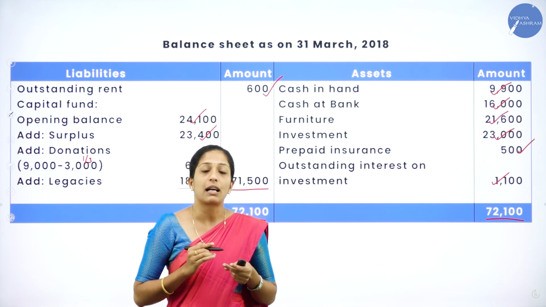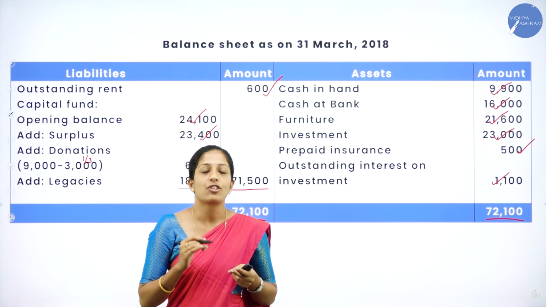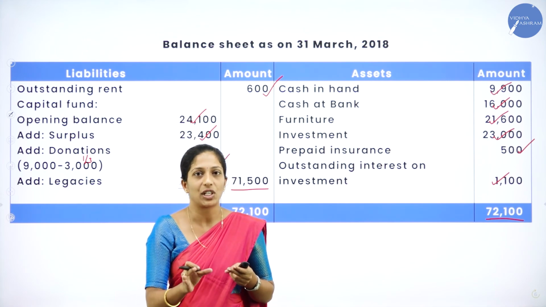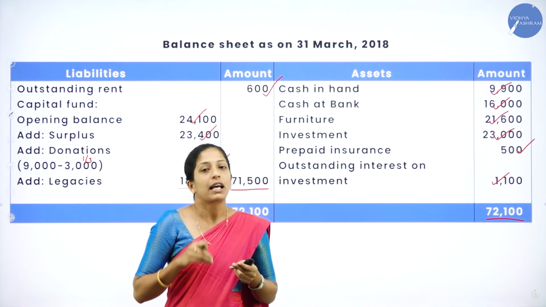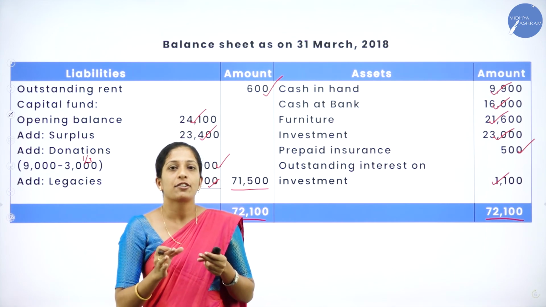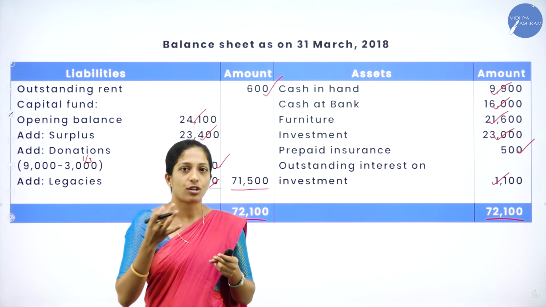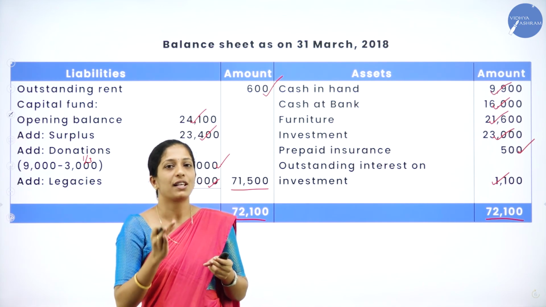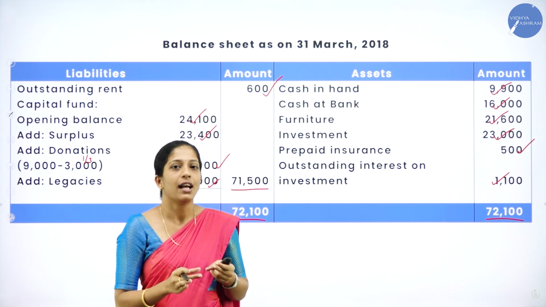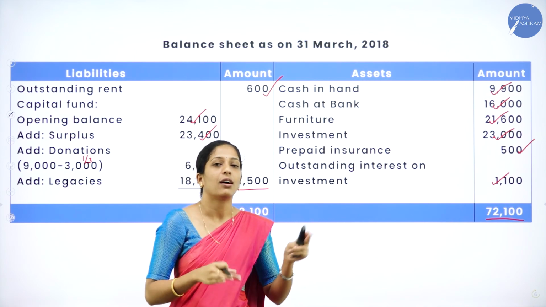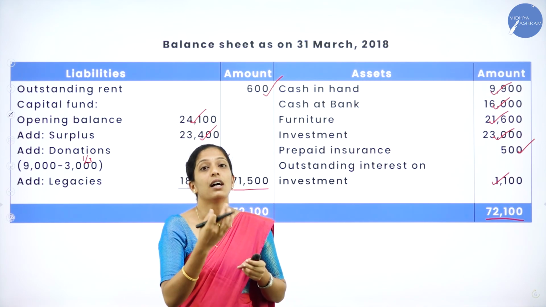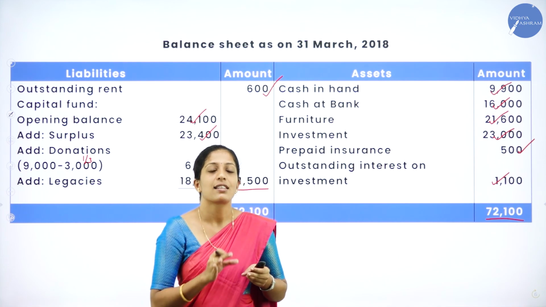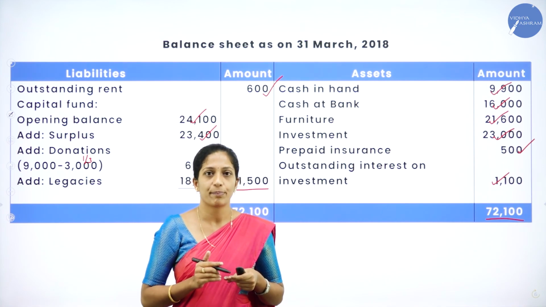Next we prepare the income and expenditure account, where you record only the revenue items of the current year, and the main intention is to know whether there is a surplus or deficit. In the closing balance sheet, you transfer that surplus or deficit to the capital fund and record the transactions by seeing the opening balance sheet as well as certain adjustments in the receipts and payments account.